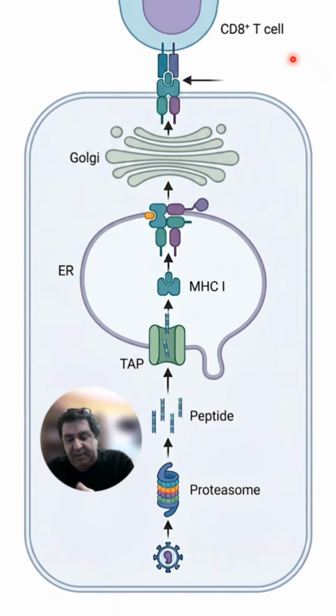So what's going to happen, we developed an additional mechanism in which we activate NK cells, natural killer cells. Natural killer cells are going to be sniffing out cells which do not have MHC class I. If they don't have it, there is a high chance that it's being downregulated by the virus. So NK cells are still going to kill the infected cell.